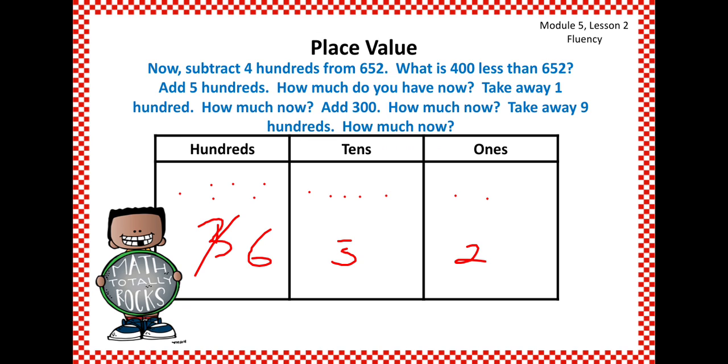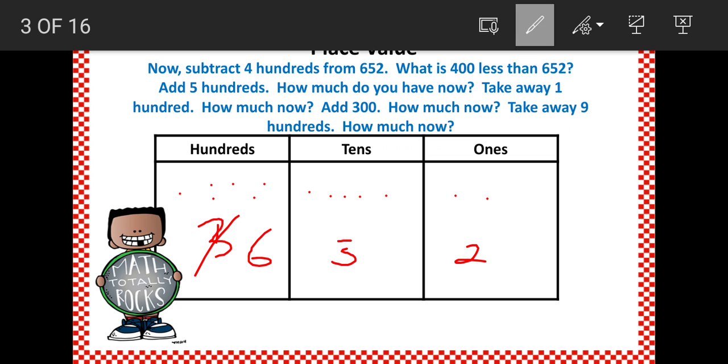400 less than 652. So we remove 400 from it. Let's remove 100, another 100, another 100, another 100. We are left with 252.